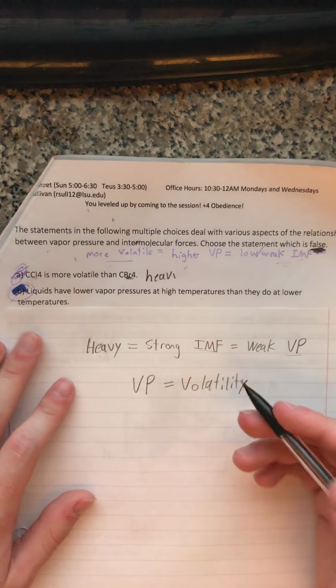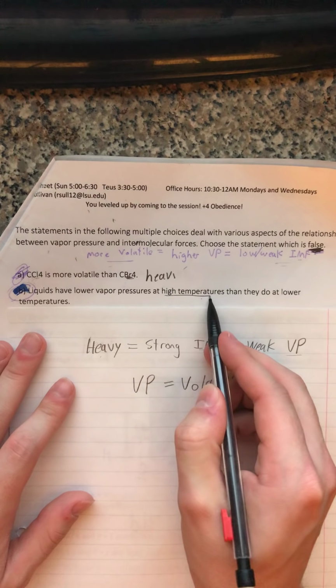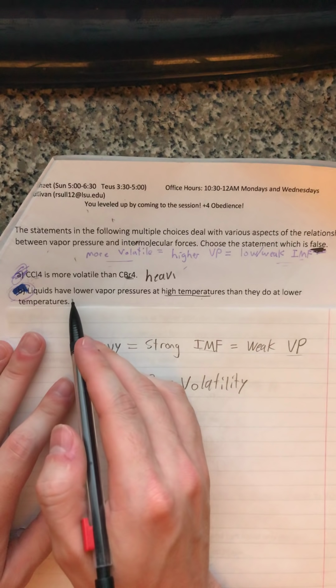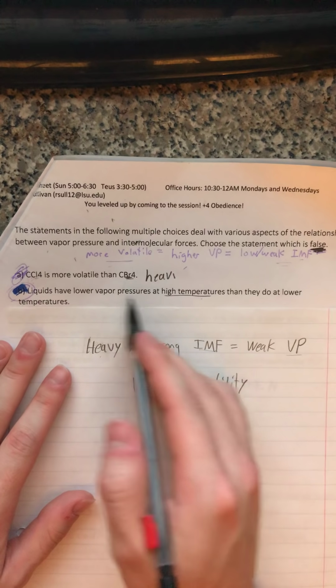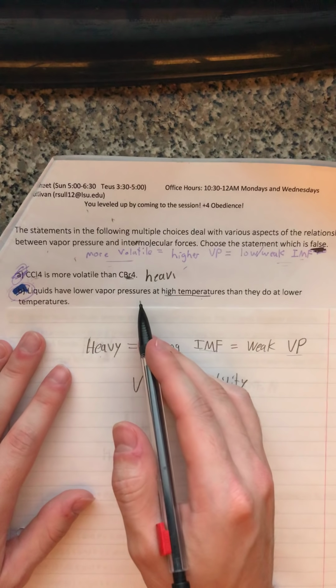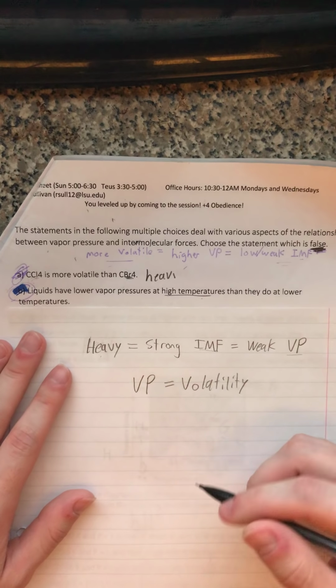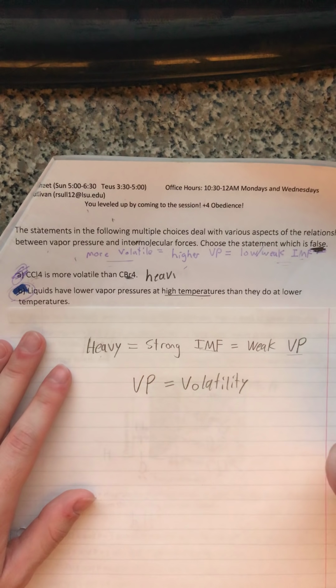So if they say high temperatures, that means they're saying liquids are less likely to turn into gases at high temperatures. And just from reality, you know that that's not true. If something is hot and you keep heating it up, it's going to turn into a gas at some point.